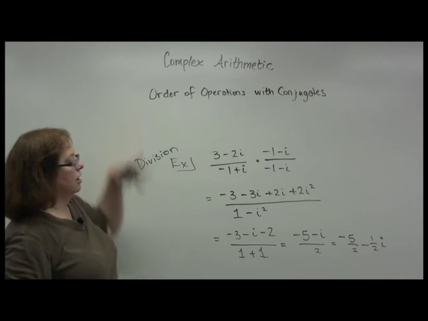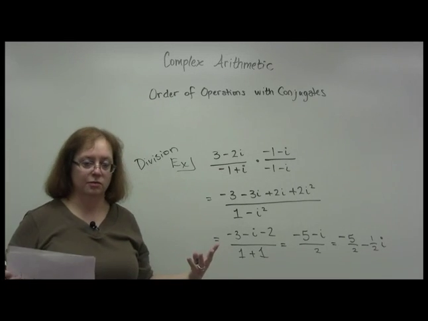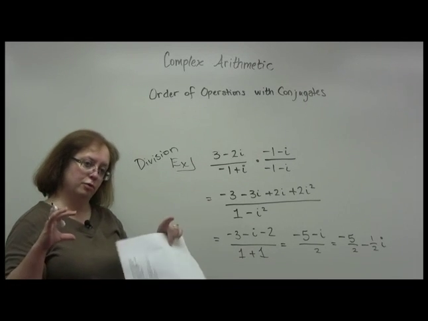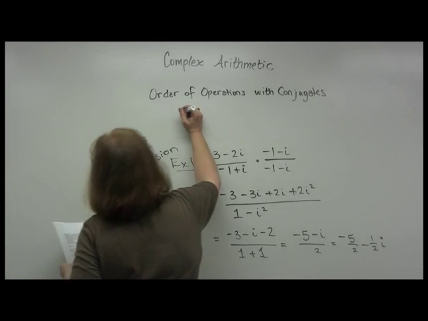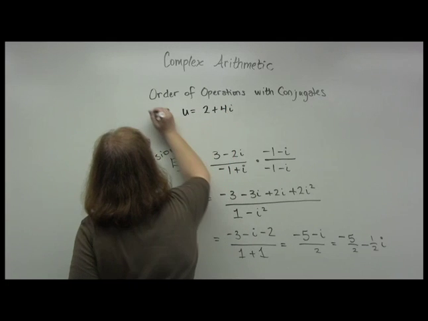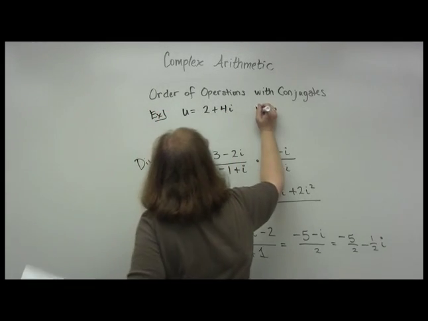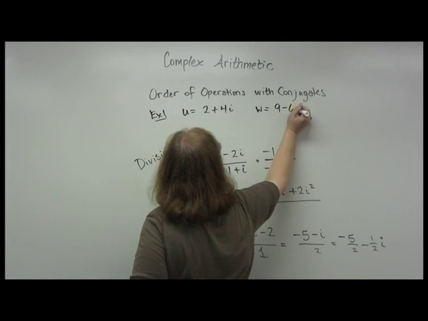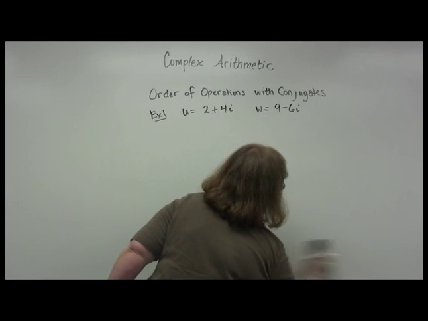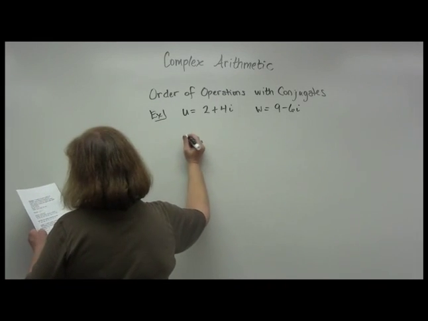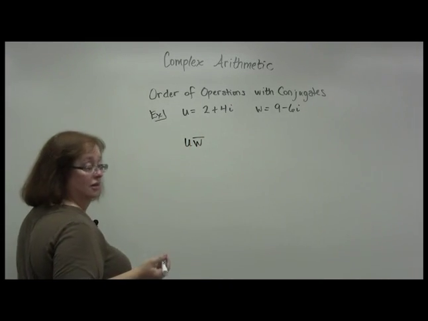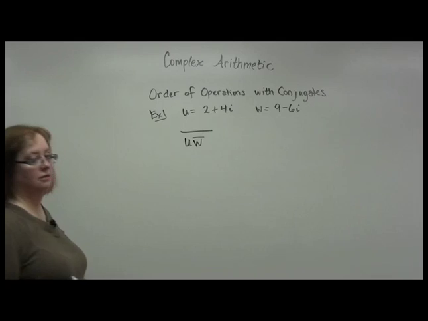If I'm trying to do a conjugate and then I have another conjugate somewhere that I'm trying to do later, we have to remember that that bar has implied parentheses. For example, if I'm trying to do u, which is 2 plus 4i, w, which is 9 minus 6i, and I want to work out u times w bar, but the w is a conjugate, and then I want to take the conjugate of the whole thing.